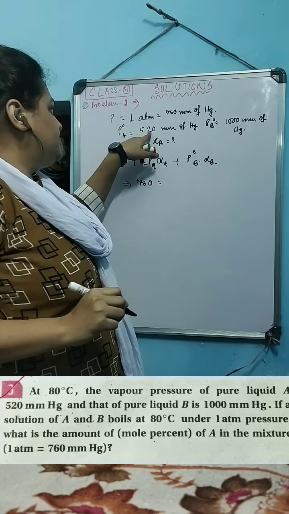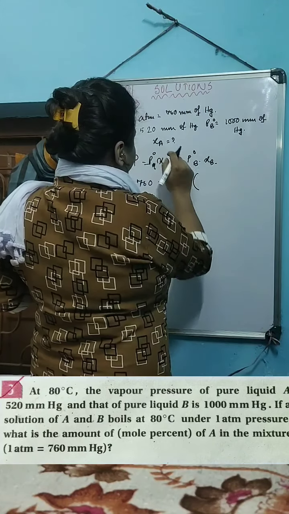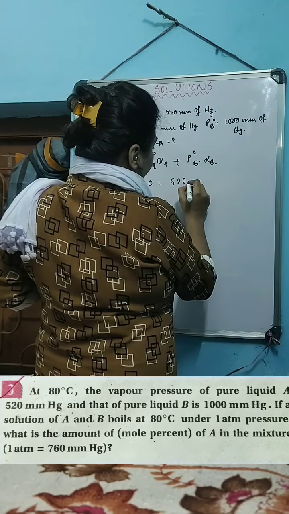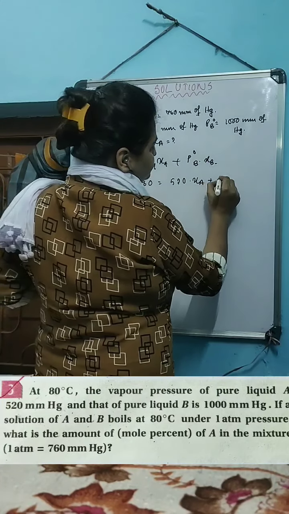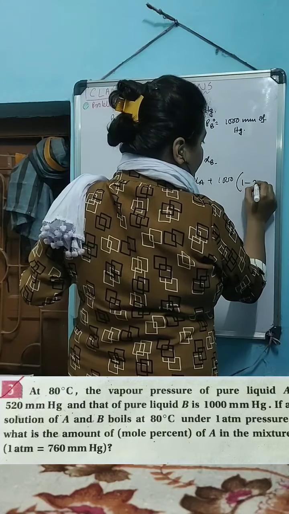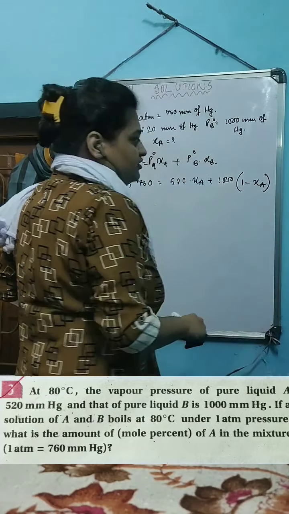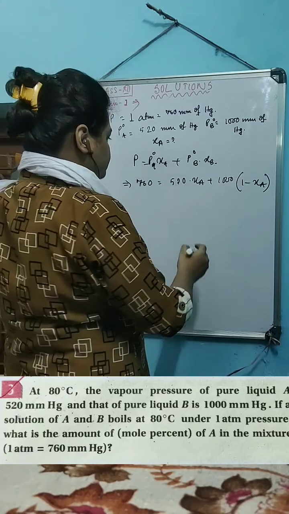P naught A is given as 520. XA, they have asked you to calculate. P naught B is given as 1000. And XB you will write as 1 minus XA. You already know XA plus XB equals 1.